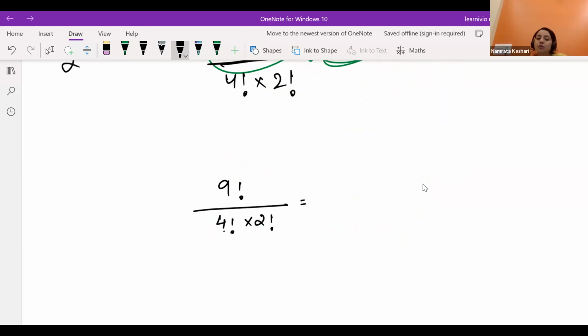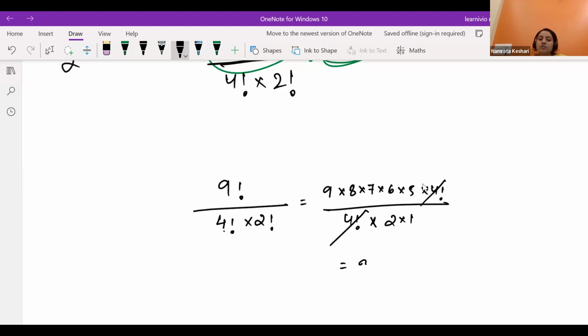Now we will focus on solving it. So 9 into 8 into 7 into 6 into 5 into 4 factorial, and here the 4 factorial gets cancelled. 2 factorial means 2 into 1. Let's cancel it. Anything else that can be cancelled?